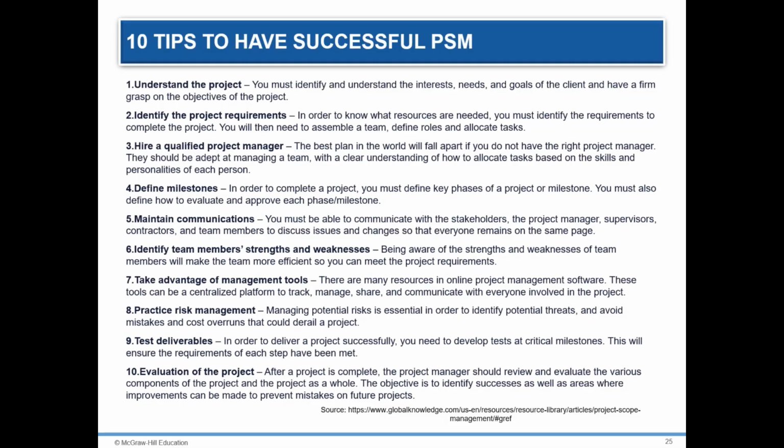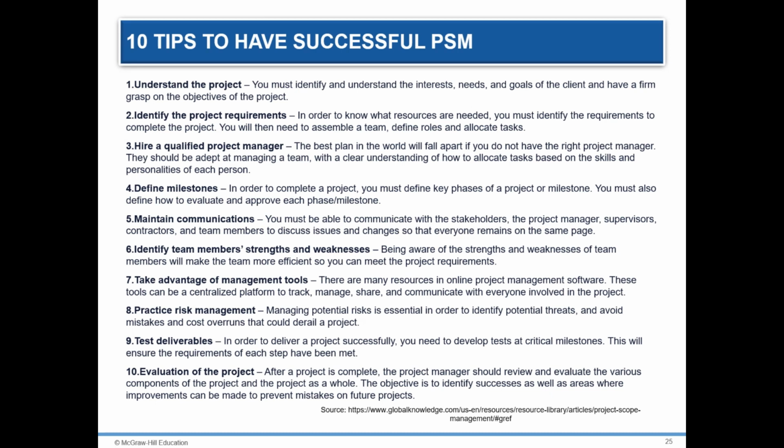So, some tips to have a successful project. To have a successful project, there are some things that need to be done. For example, first, understand the project and have a firm grasp on the project's goals and aims. Secondly, identify the project requirements.